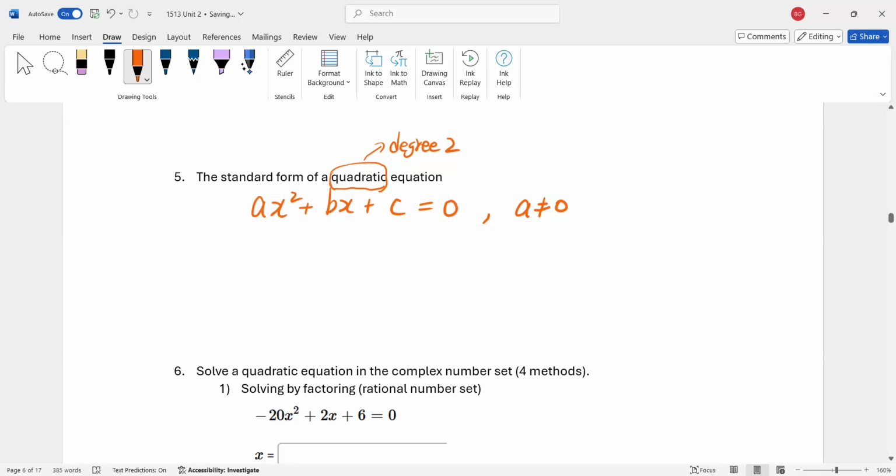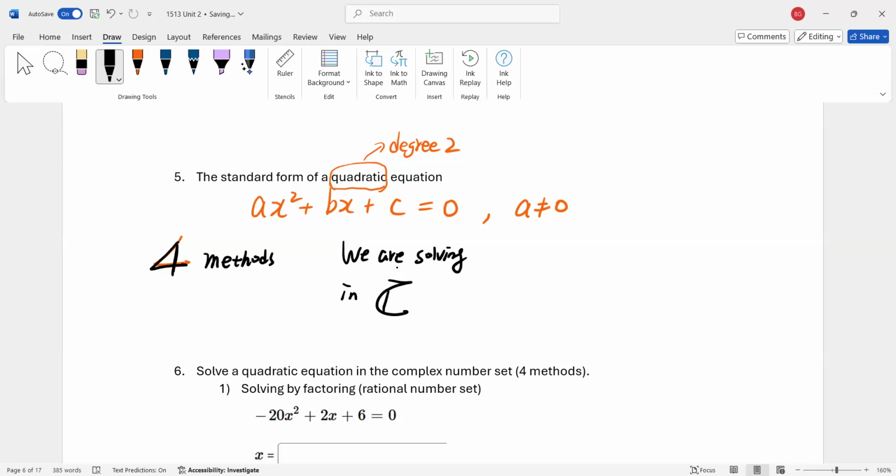And there are 4 methods to solve a quadratic equation. And we are solving the quadratic equations in the complex number set.